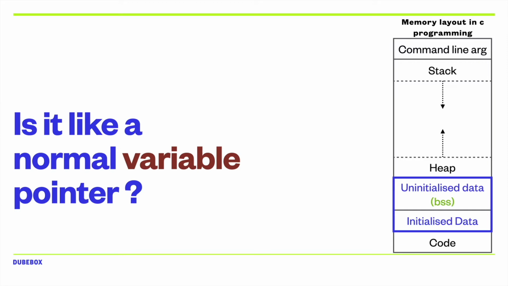A pointer which has to point to the memory location for a variable will point somewhere in the initialized or uninitialized data segment, and a pointer which has to point to the memory location for executable code will point somewhere in the code segment. So a variable pointer will point somewhere in the initialized or uninitialized data segment.